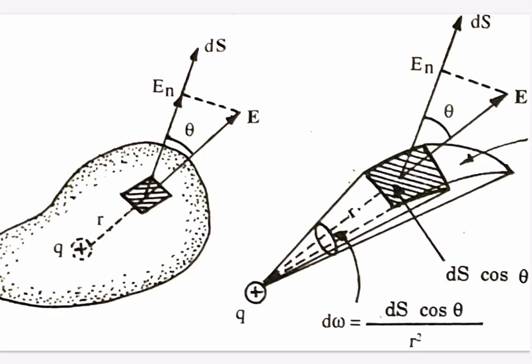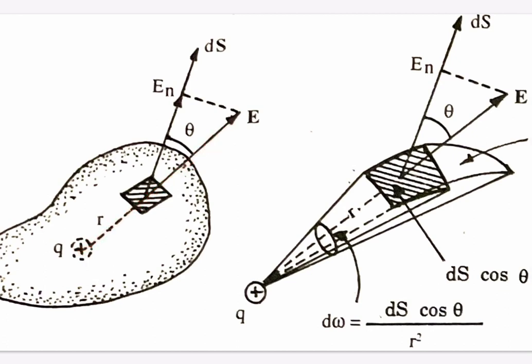To derive the Gauss theorem, let us consider a single positive point charge Q surrounded by a closed surface of arbitrary shape as shown in this figure. The electric field intensity at every point of the surface is directed radially outwards from this positive point charge.